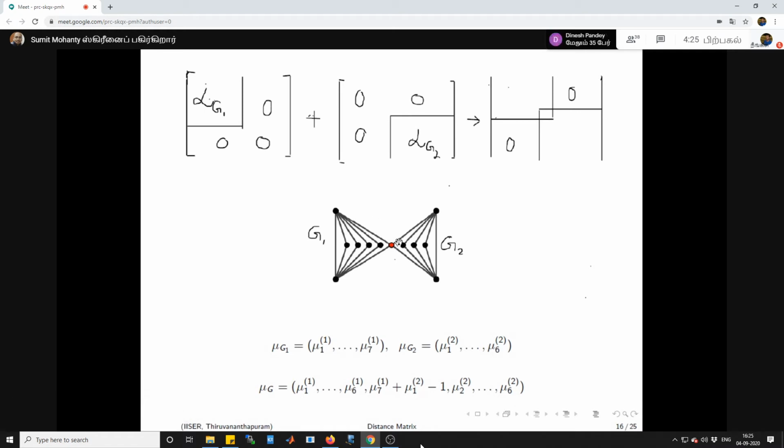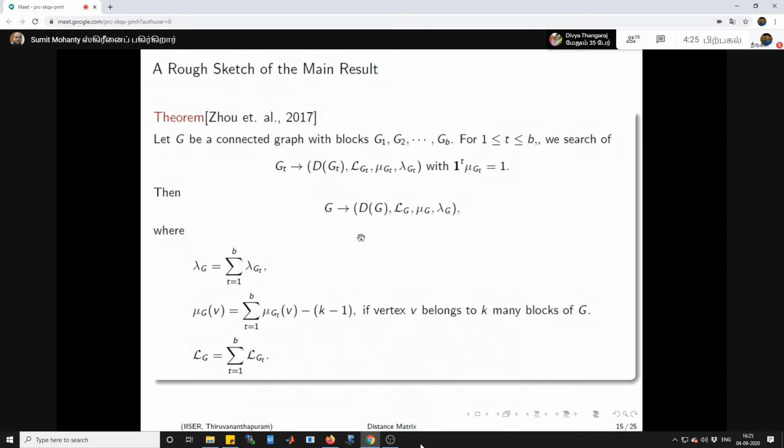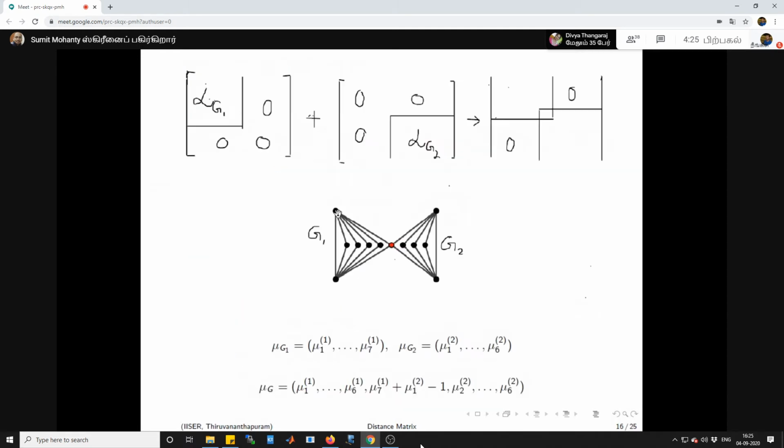Each block is a complete tripartite graph. So for G1 you are getting LG1, which is a smaller size than the whole LG, but you extend it by putting additional 0s to complete the same size. For G2 you also get this size, and between these two matrices, only this vertex is the common row where a non-zero entry is there.